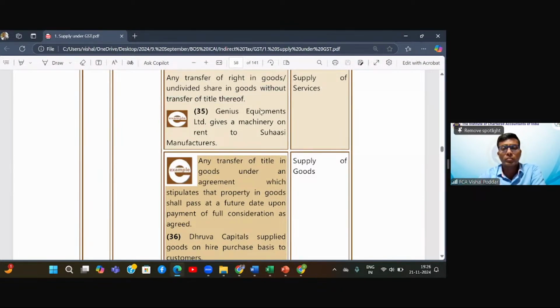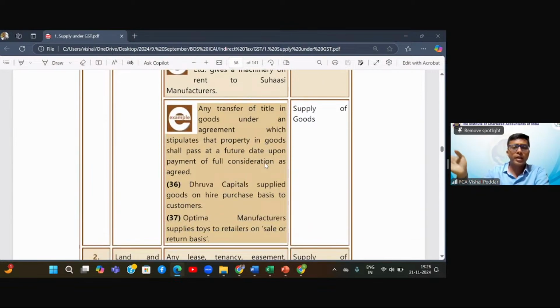So for goods, the possibility is, one, you are transferring complete ownership. Two, you are giving temporary rights to use the goods. If it is complete ownership, either today or, as you can see here, at a future date, like in case of hire purchase, both are supply of goods because ultimately ownership is transferred.